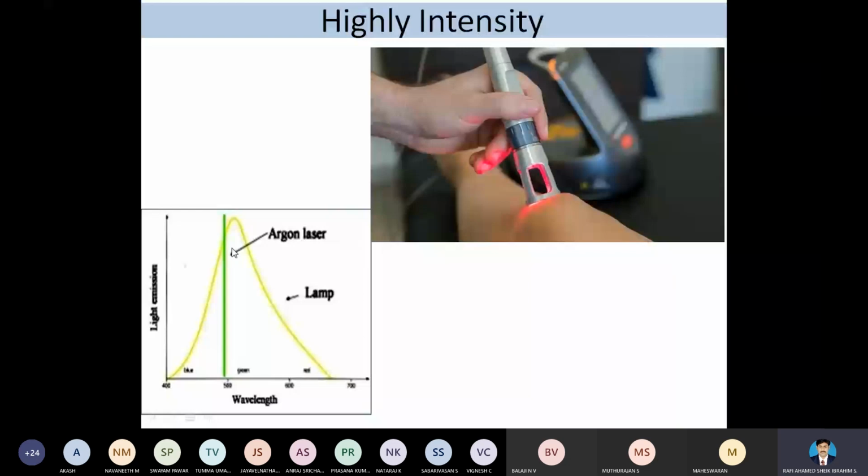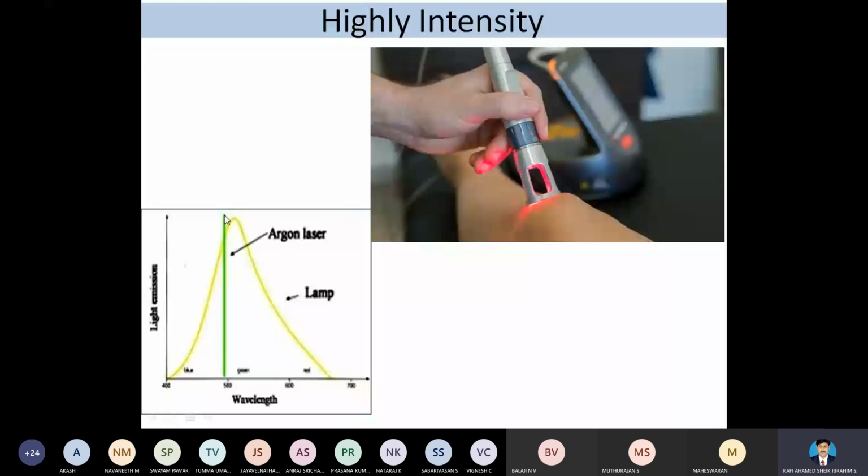I have taken a chart, a graph. Here I compare the laser with the ordinary light. We can see the ordinary light intensity, see how much it spreads. The gap is nothing but the spread. But for the laser, I have taken an argon laser.